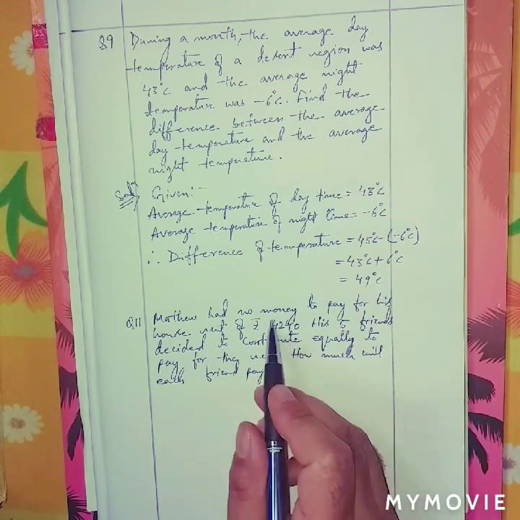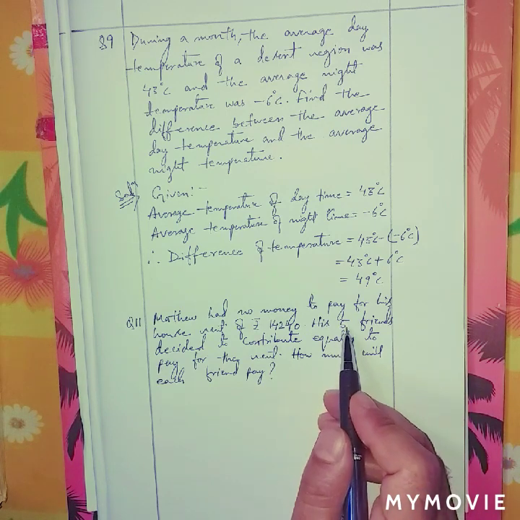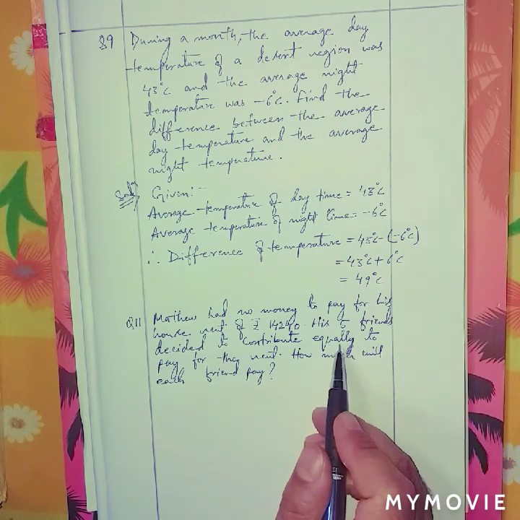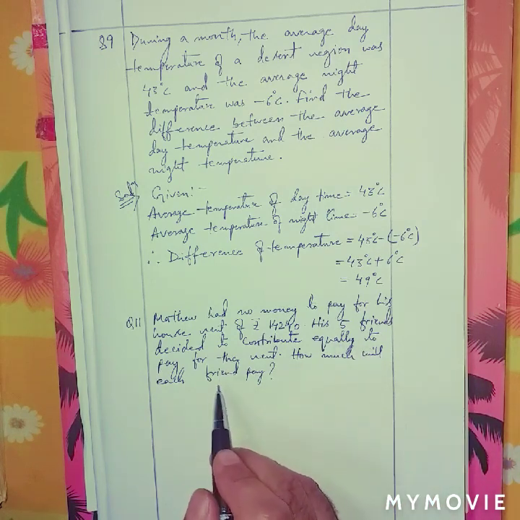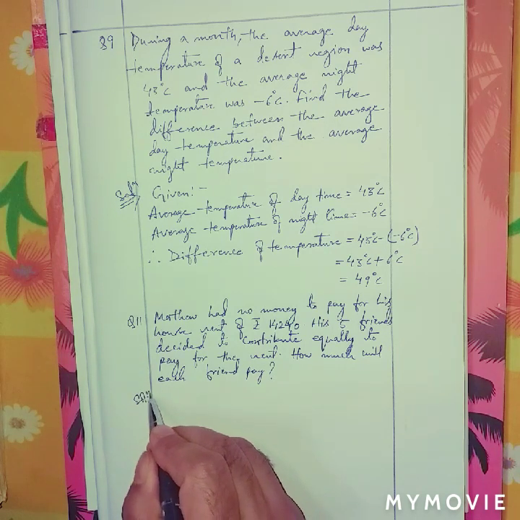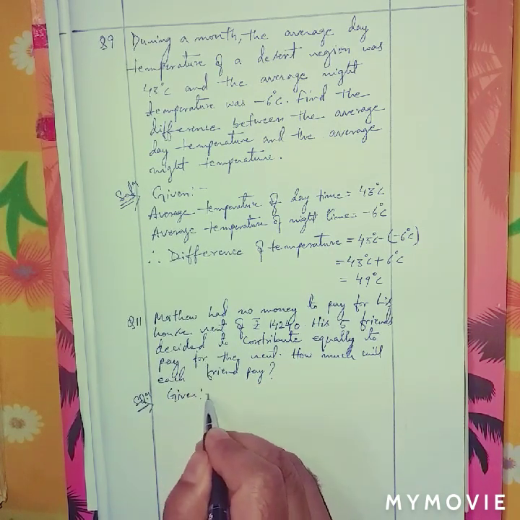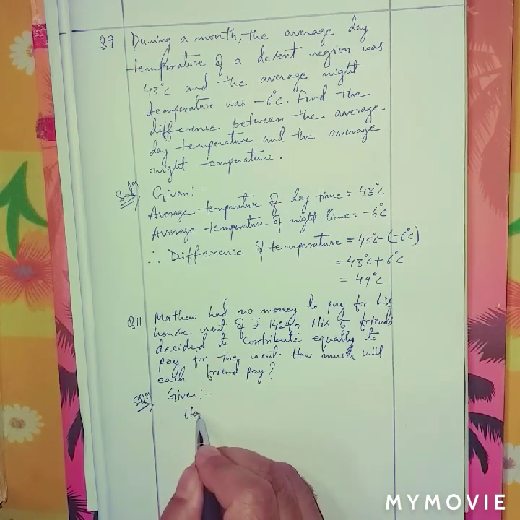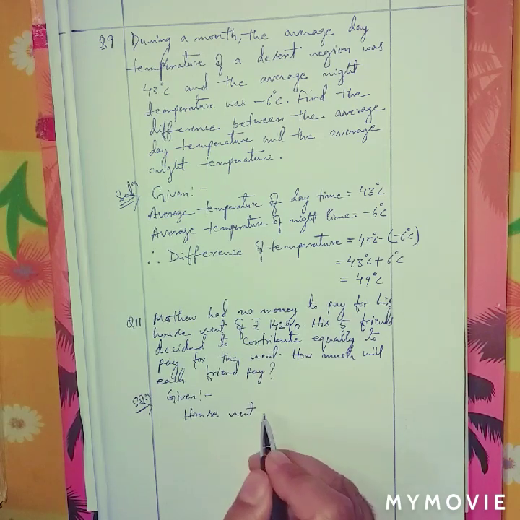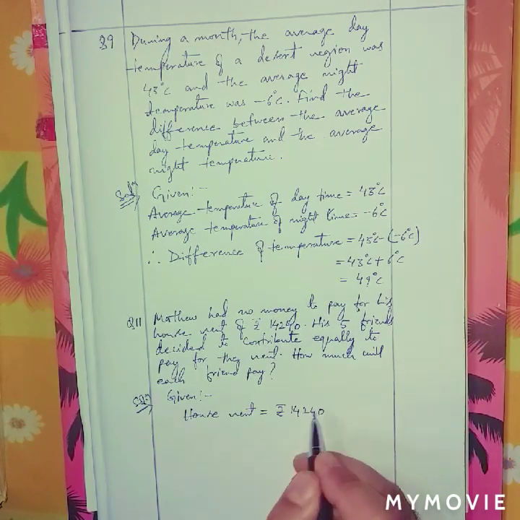So I think you have understood the question. Okay, this is the figure and it should be divided by 5, isn't it? Then only we will get an equal amount to be paid by each friend. Okay, so first of all let us write the given things in the question. House rent is how much? House rent is equal to rupees 14,240.